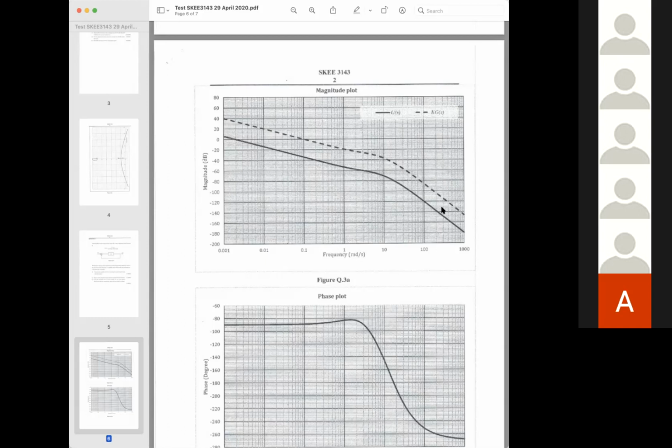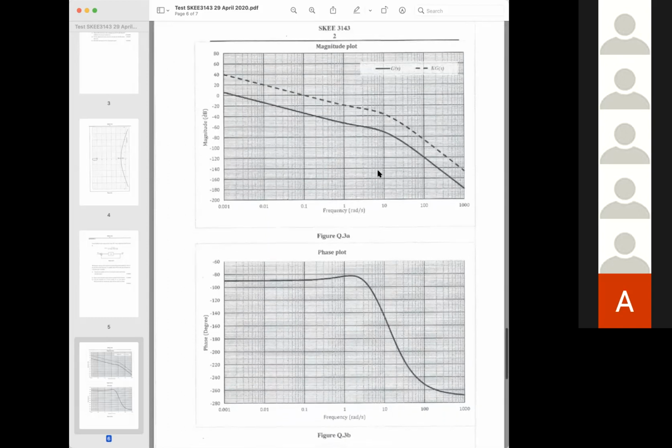Okay, so from the open loop, we can obtain 5 important pieces of information: the gain margin, which corresponds to omega GM, the gain crossover frequency; the phase margin, which corresponds to omega PM, the phase crossover frequency; and the system stability status, stable, not stable, or critically stable.